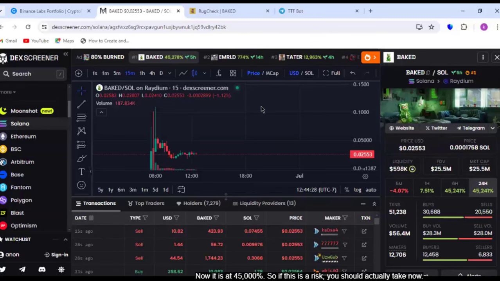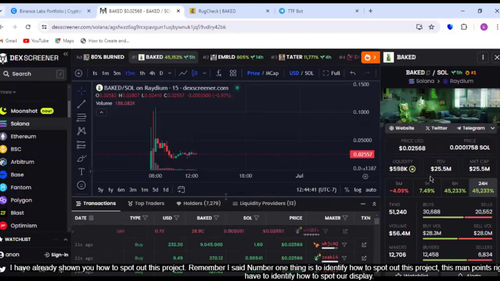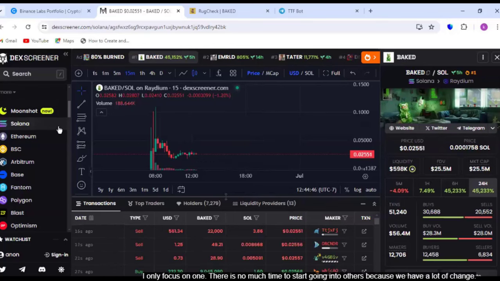Now, I have already shown you how to spot this project. Remember, I said the number one thing is to identify how to spot this project, this meme coin, right? I only focus on one. There is not much time to start going into others, because we have a lot of chains.